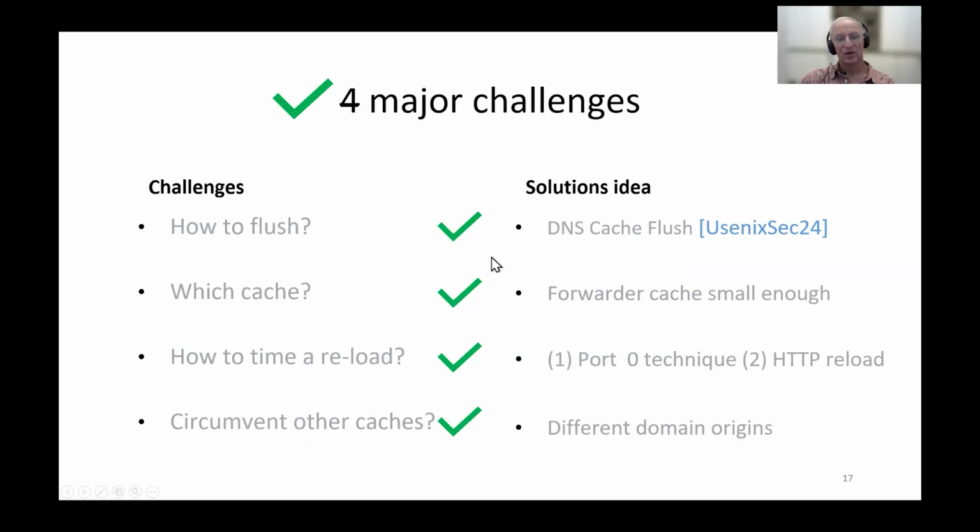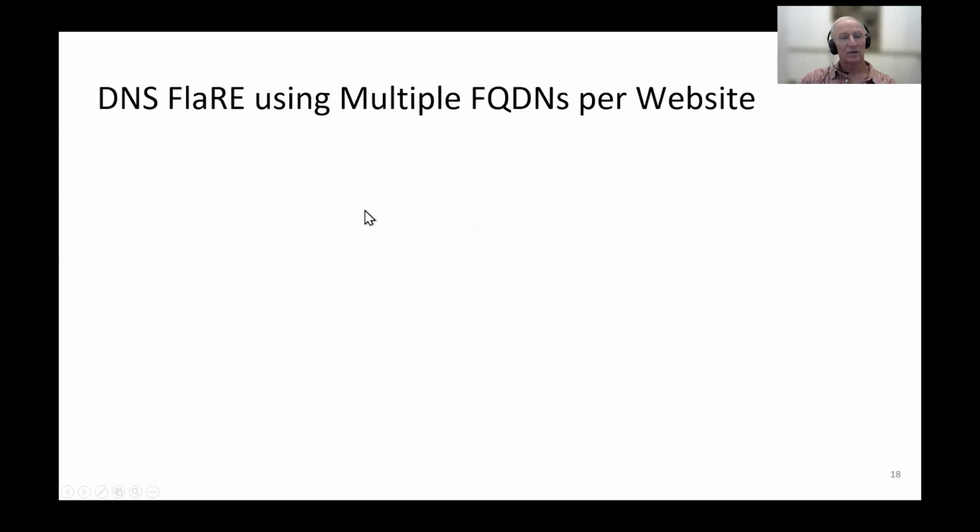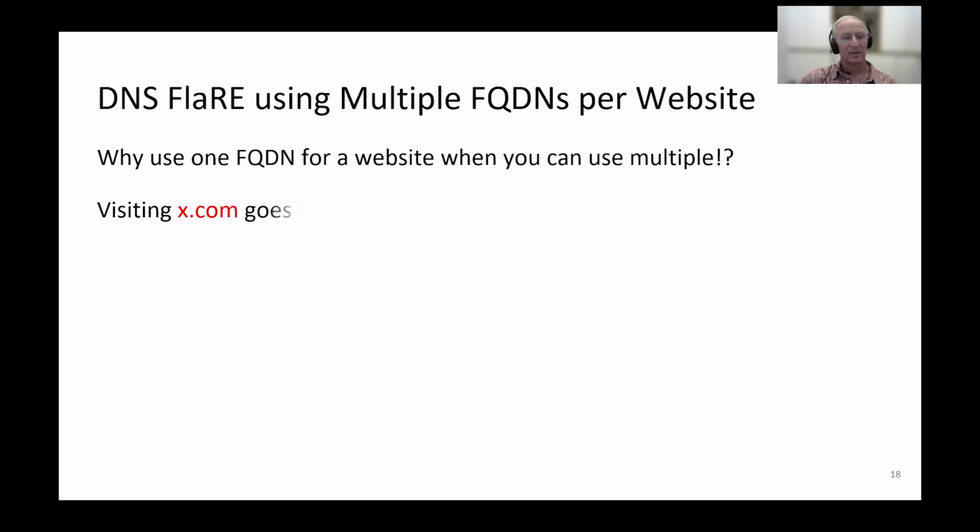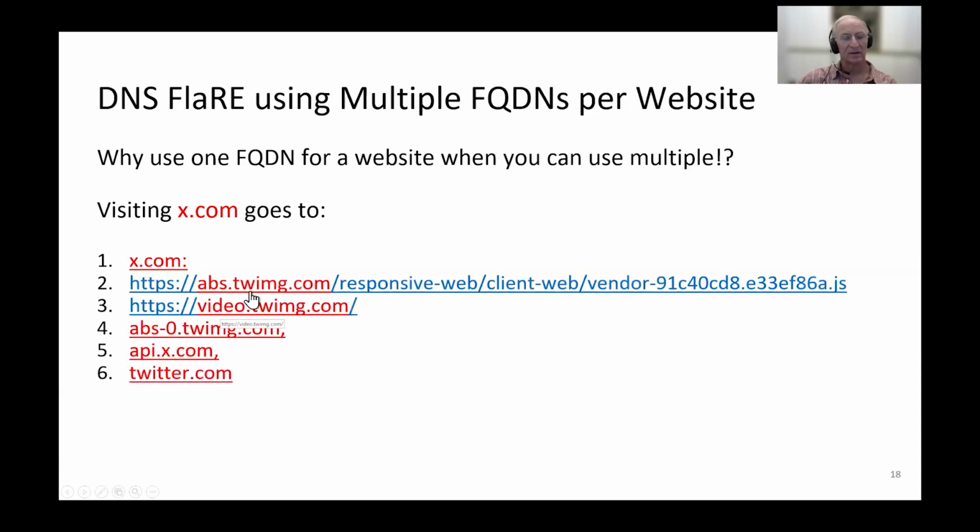We address the 4 challenges. One more technique we have is when you load a page into your browser, there are several extra domains that need to reload, not just the main domain. For example, if you ask for x.com, you also ask for other domains like twimg.com, video.twimg, twitter.com, api.x.com, and so forth.